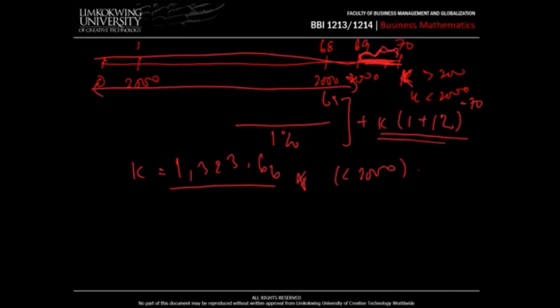Okay, the same thing that we did just now. But right now your N becomes 70. So 100,000 equal to 2000, 1 minus 1 plus 1%.